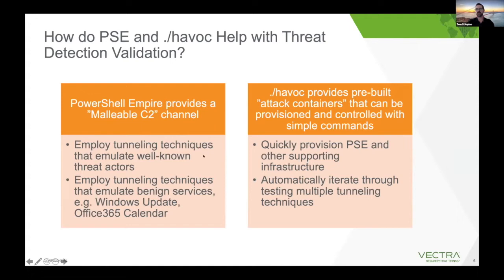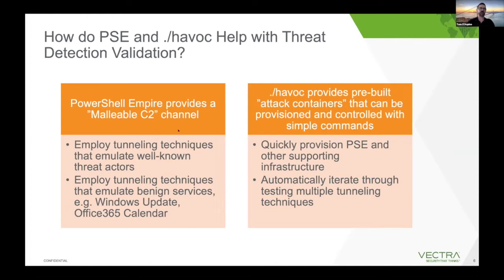One is, can we emulate well-known threat actors and make sure that we can detect those things? And then the other angle is how crafty can we get with our communications to evade the defenses that we have in place? How effective are our defenses at detecting those evasion techniques, right?